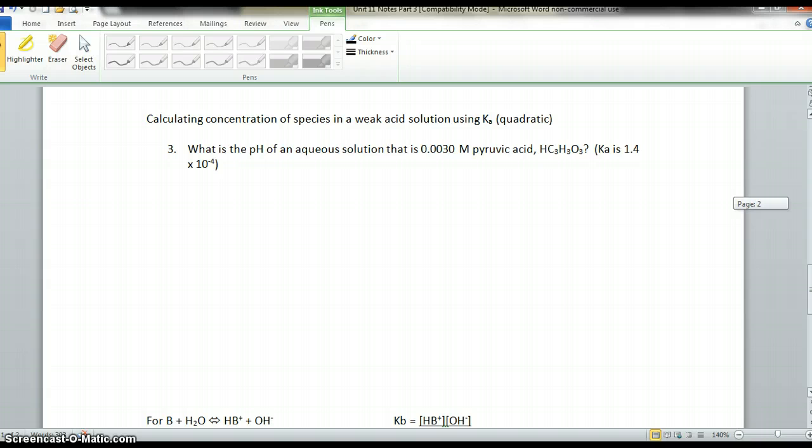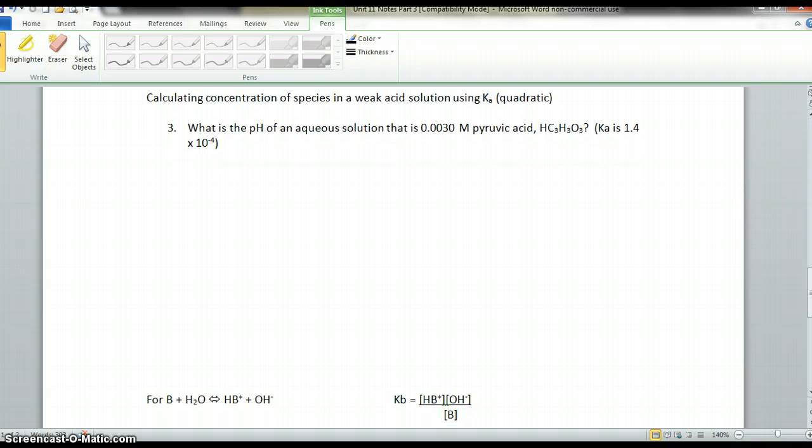On the back side, we're going to find one that you end up getting a quadratic for. So we're going to use pyruvic acid. Again, it doesn't matter what acid it is and what the formula is. It's always going to be HA plus H2O gives you H3O plus A minus. You can do an ICE chart again.